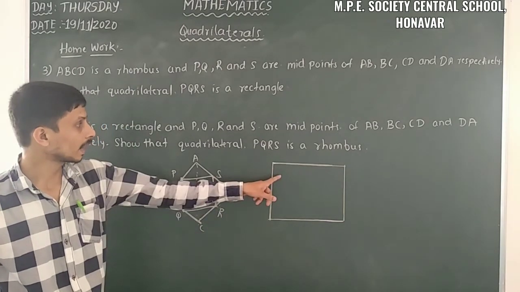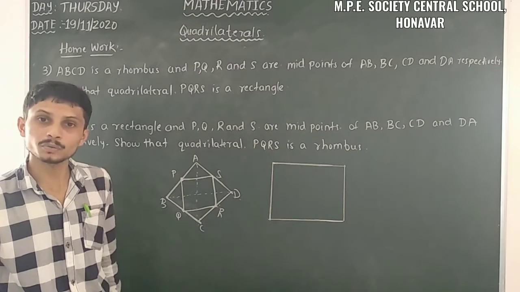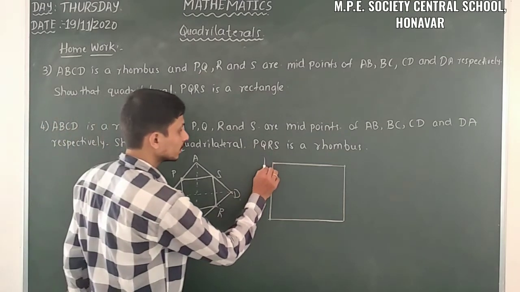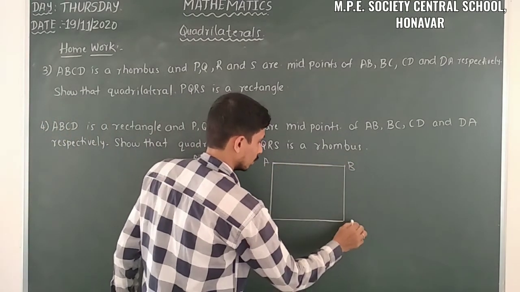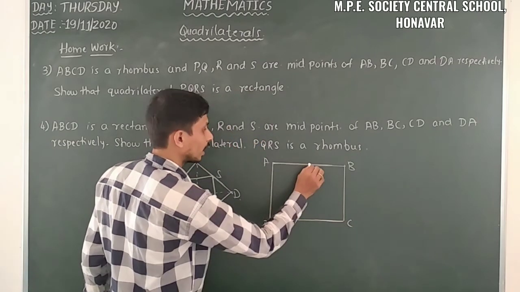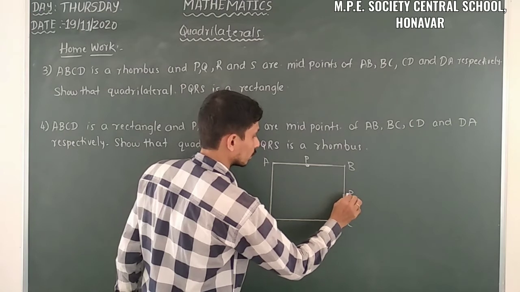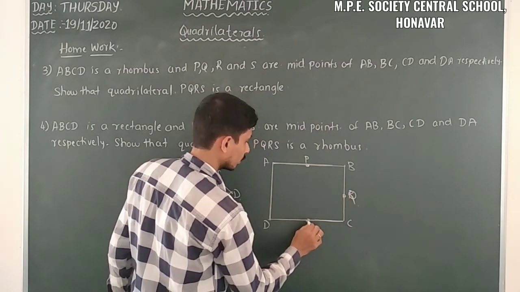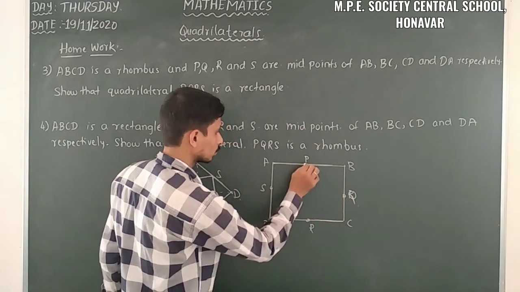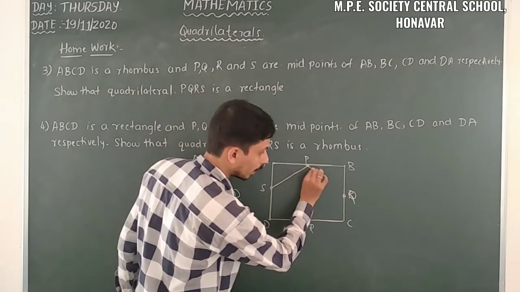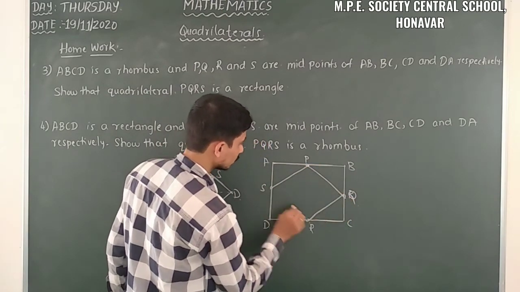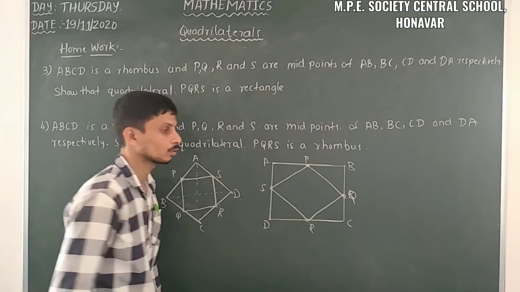Simultaneously, here we have a rectangle and we have to find the midpoints. If it is ABCD, we have to find P, Q, then R, then S. You have to join all those points and then prove.